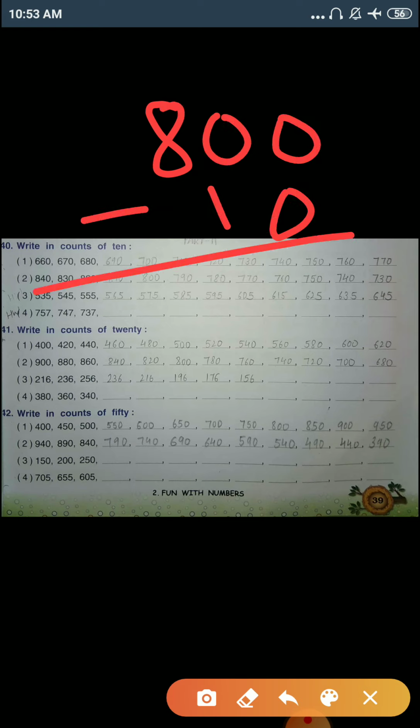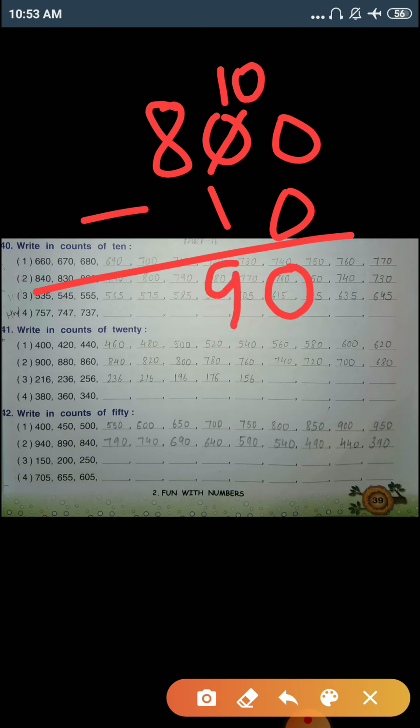Now let's subtract. 0 minus 0, 0. 0 minus 1 is not possible. So what do we have to do? We need to cut this 0 and write here 10. Now 10 minus 1 will give you 9.